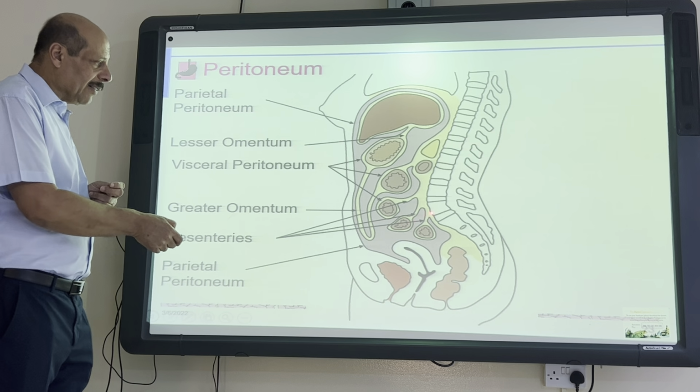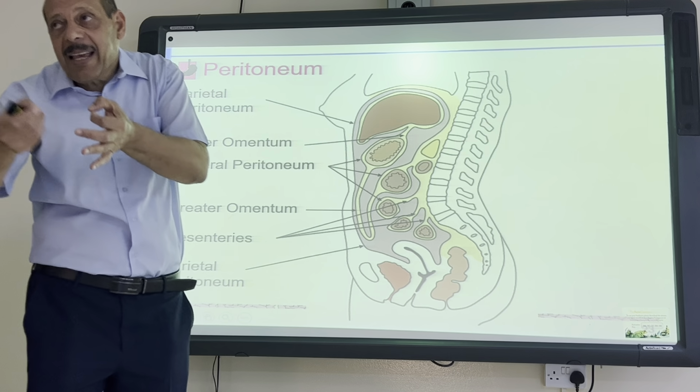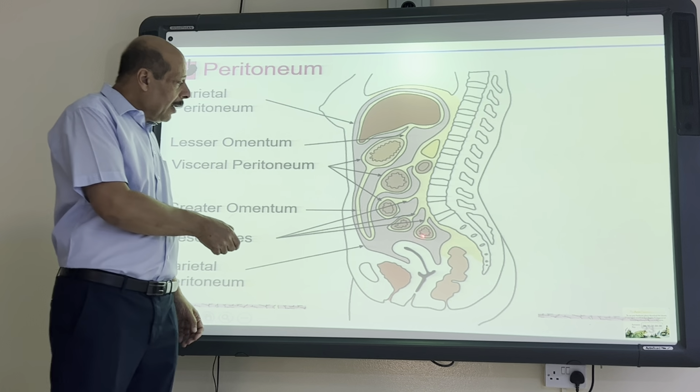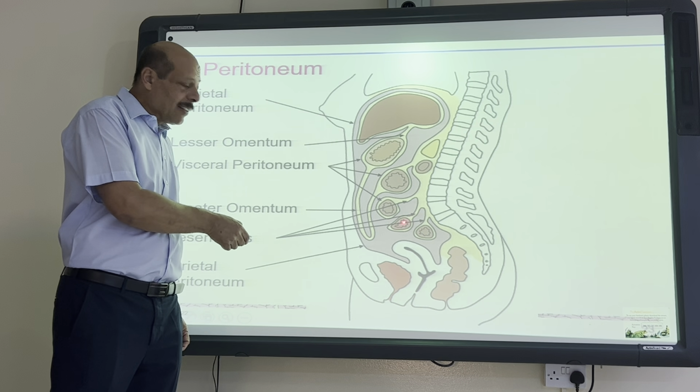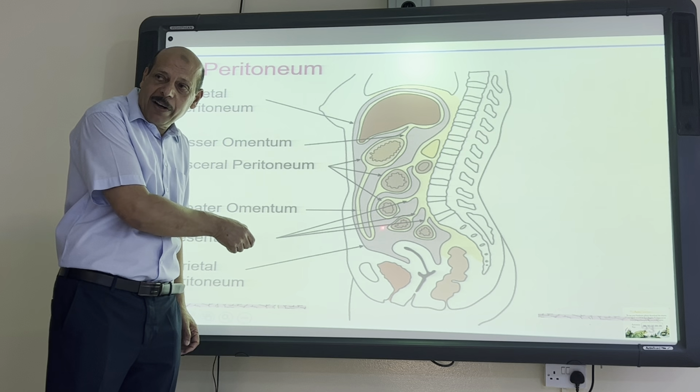The mesenteric. That will go around and give the blood supply to the organs. So the blood will go through the mesenteric to the organs.